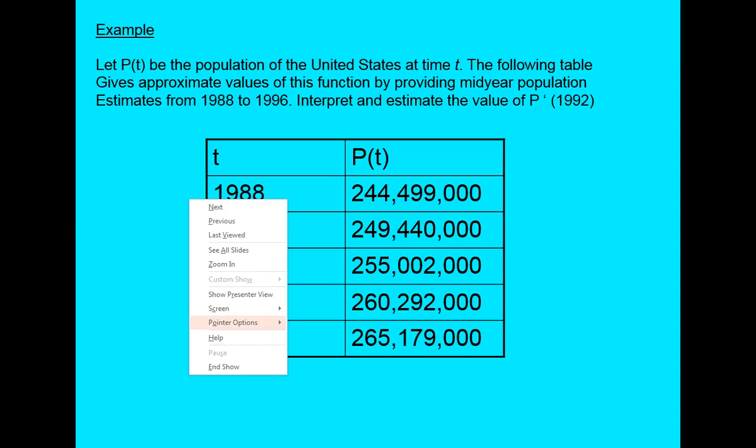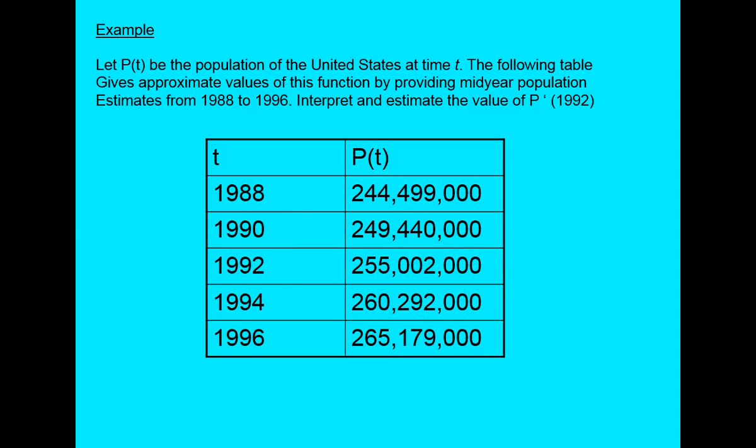Make sure you understand the difference: if I asked you P of 1992, that's asking for the population in 1992, which is in our table, 255 million. But P prime of 1992 is asking for the rate of change of the population in mid-year 1992.